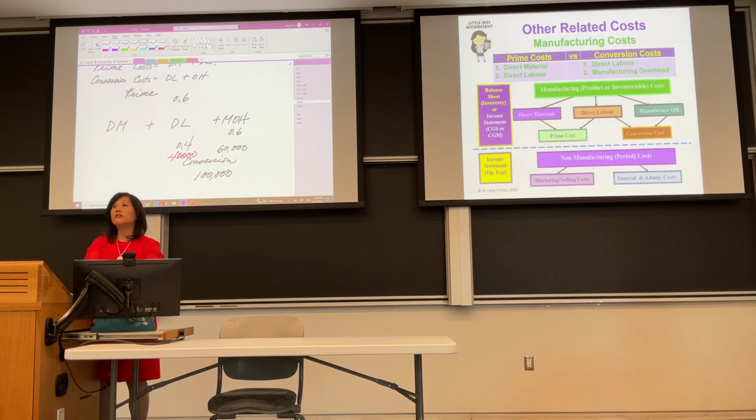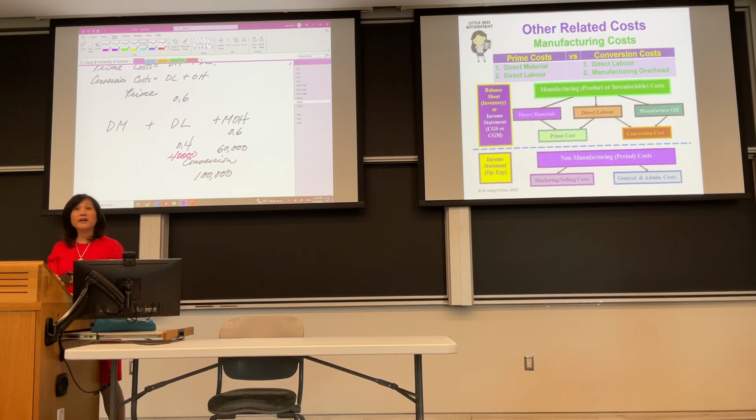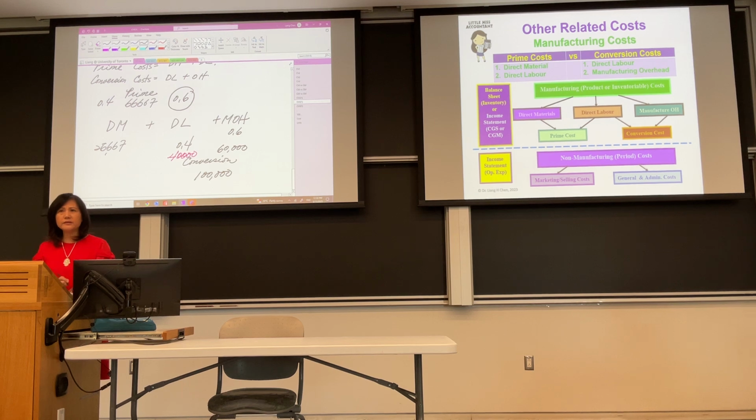So how do you calculate? 40,000 divided by 0.6 is 66,667. This is the total prime cost. A 40%, a 60% is $40,000, so 40% should be 26,667. Are we okay with this?